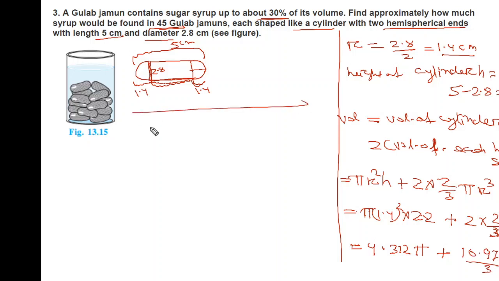So which will be equal to 25.05. Please multiply pi with it, the result will be this. So this will be the volume, you can write cm cube.